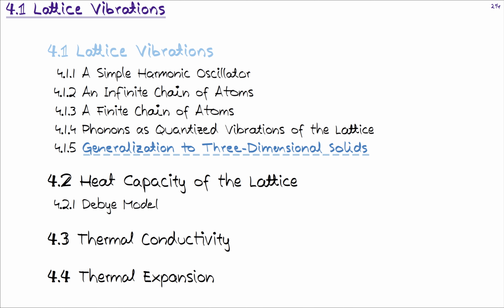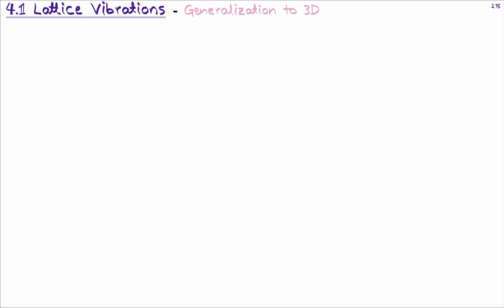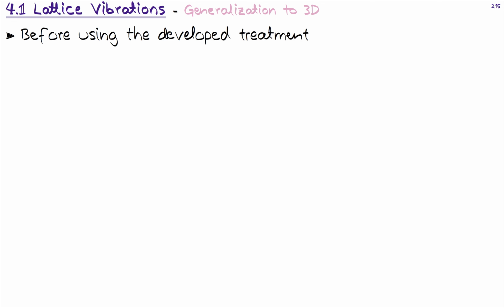I will provide a few examples and hopefully you will grasp at least the main things. At least you should be knowledgeable of the ways how we should proceed when we generalize from the 1D case to the 3D case. So this is what we will be covering during this lecture.